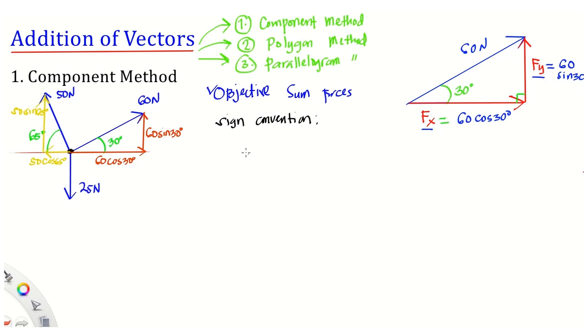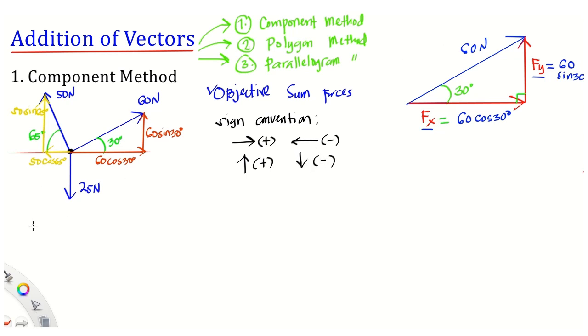Our sign convention: if the component forces are pointing towards right, then the sign is positive. If it is pointing towards left, then the sign is negative. If the force is pointing upwards, then it is positive. Conversely, if it is pointing downwards, then it is negative.